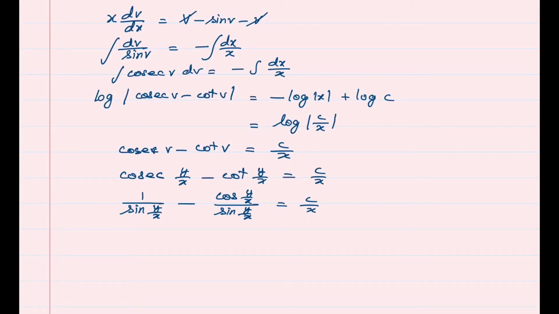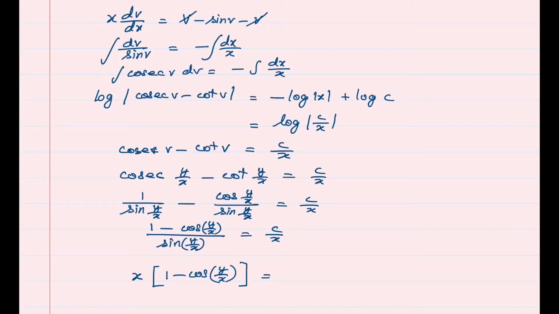We will take LCM. 1 minus cos y by x divided by sine of y by x is c divided by x. Let us cross multiply. x times 1 minus cos of y by x equal to c times sine of y by x.